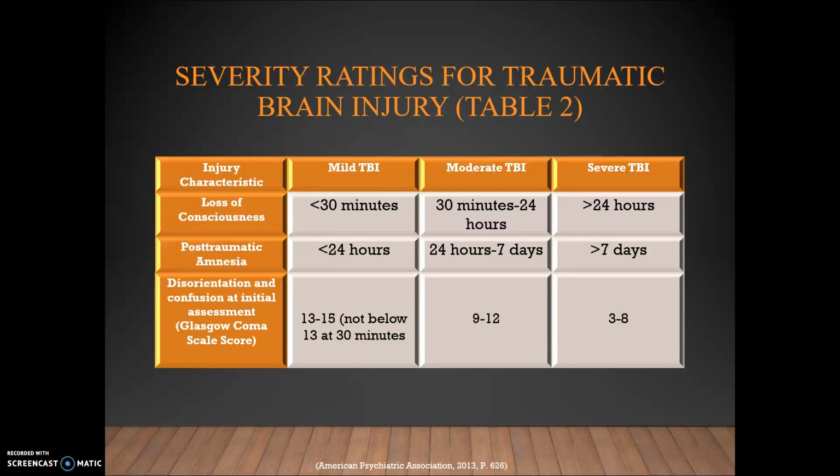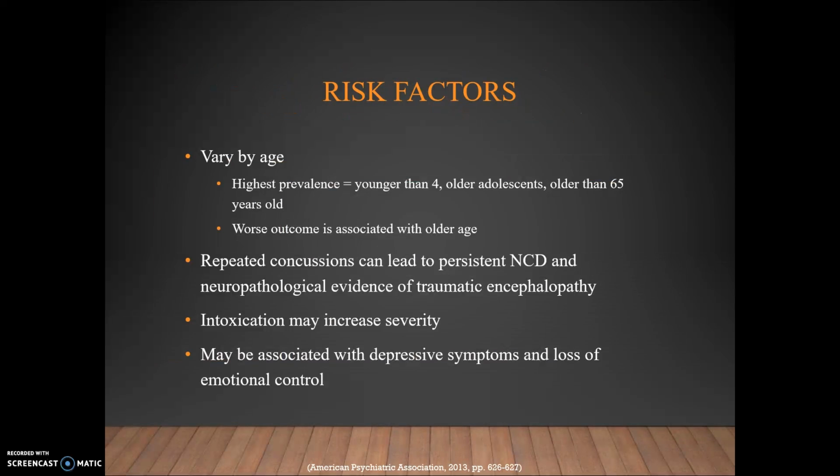And then post-traumatic amnesia occurs for greater than 7 days. And disorientation and confusion at the initial assessment is between 3 and 8. And I would have to look at the Glasgow Coma Scale to understand more in depth what those numbers mean, but they are significant in this severity ratings for TBI.